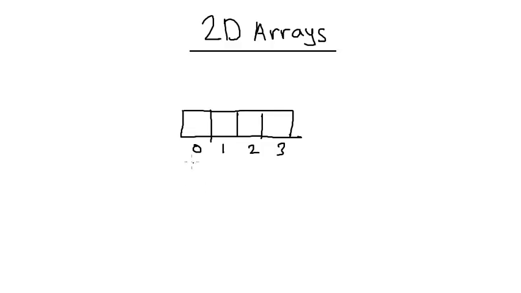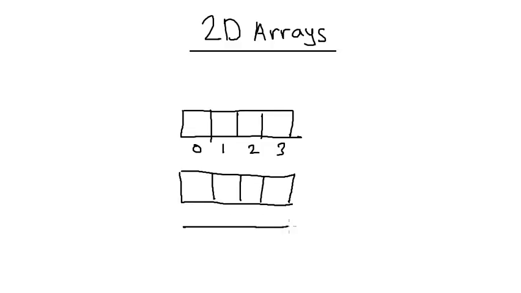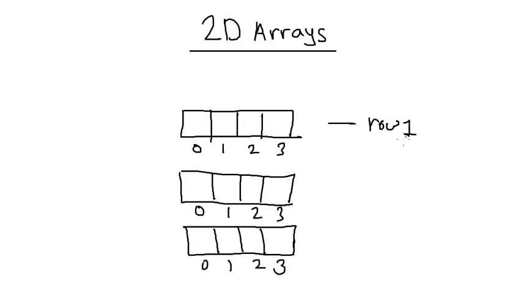As I said, a 2D array is a collection of arrays. So let us consider 2 more arrays with the same number of elements in them, with index 0, 1, 2, 3. So we know this will be row 1, this will be row 2, and this will be row 3.